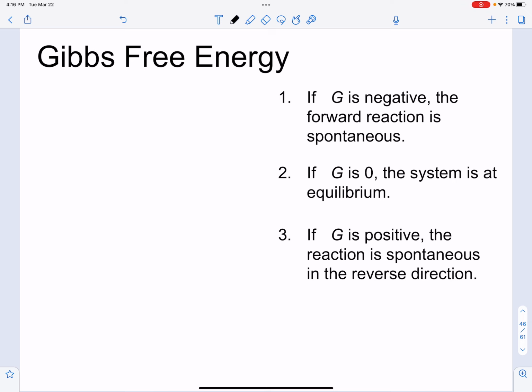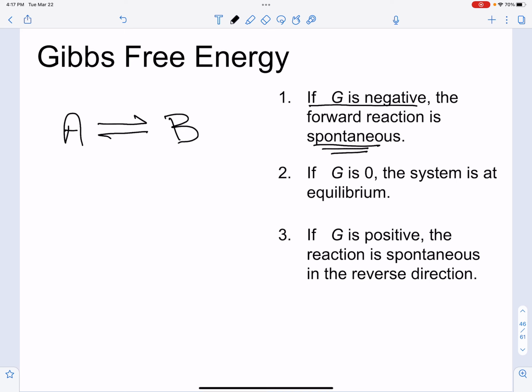But before we do that, let's talk some more about the Gibbs free energy, and we start seeing how this is going to relate to equilibrium. If the Gibbs free energy is negative, we know that we're going to have a spontaneous reaction. However, if we happen to have an equilibrium, which reaction are we talking about?